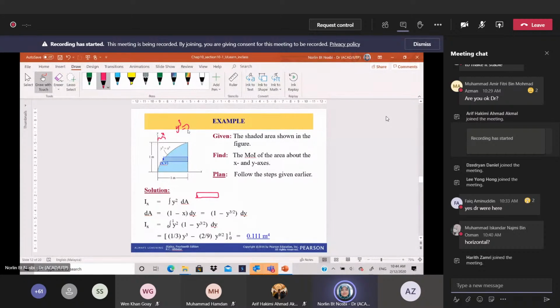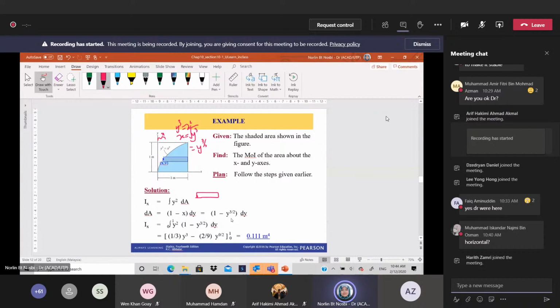So you want to find x, so it will be x equals y to the power of 3 over 2. So just replace it back, because you want to find the derivation for y. That's why you need to change the x to y.